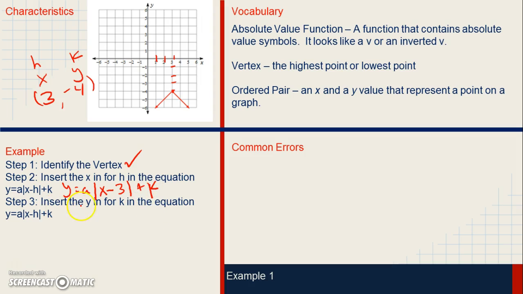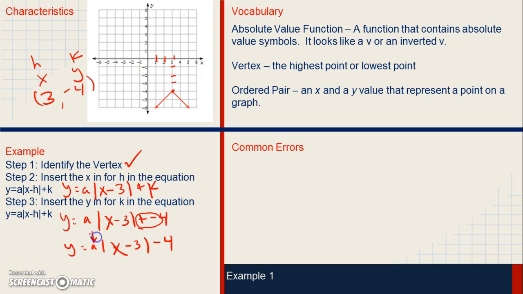And now I'll do step 3. Insert the y, -4, in for k. K is now y, which is -4, into the equation. So I have y equals a times the absolute value of x minus 3 plus -4. We cannot have two signs at once, so I'll rewrite that as y equals a, absolute value of x minus 3, minus 4. And I am done.